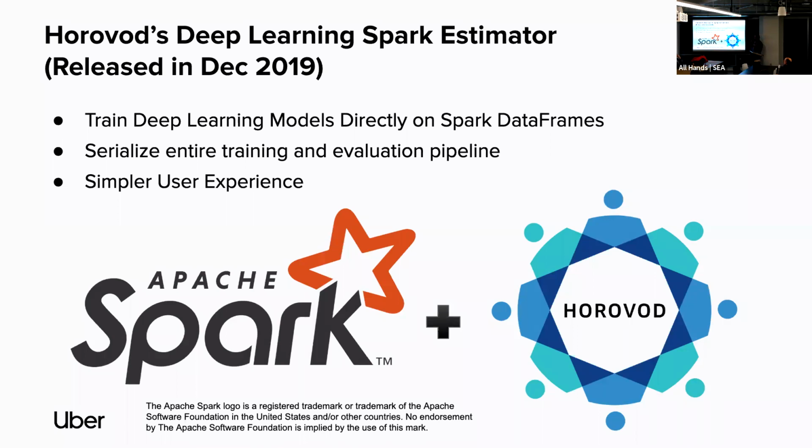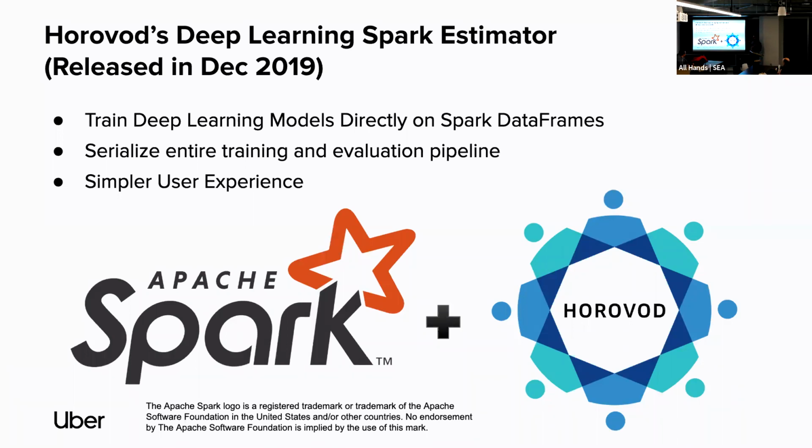And much simpler user experience for the whole end-to-end process. And also some nice out-of-the-box features, like serializing your entire pipeline, so you can just reproduce this whole experiment later on and not have to worry about version incompatibilities or some component falling apart, right?